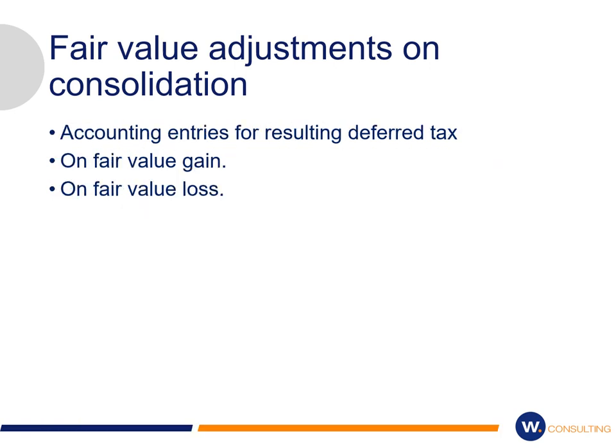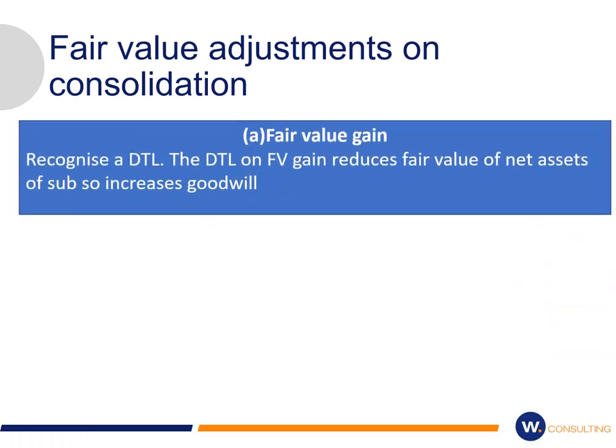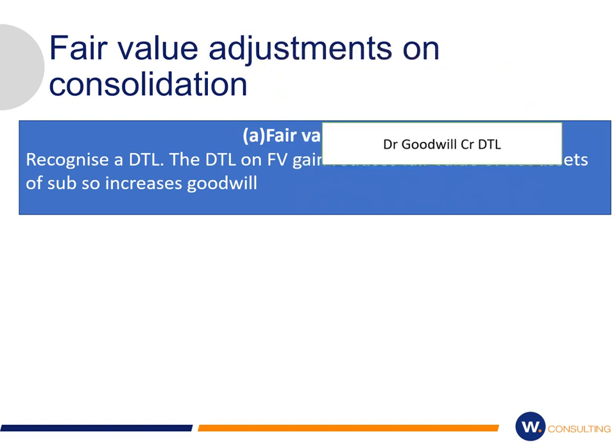What are the accounting journal entries? Accounting entries for the resulting deferred tax on fair value gain or fair value loss, it depends. For a fair value gain, there'll be a deferred tax liability. So if the fair value of the vehicle, for instance, that was bought as part of this business combination is higher than the carrying amount for tax, then we have a smaller tax base and therefore we have a deferred tax liability.